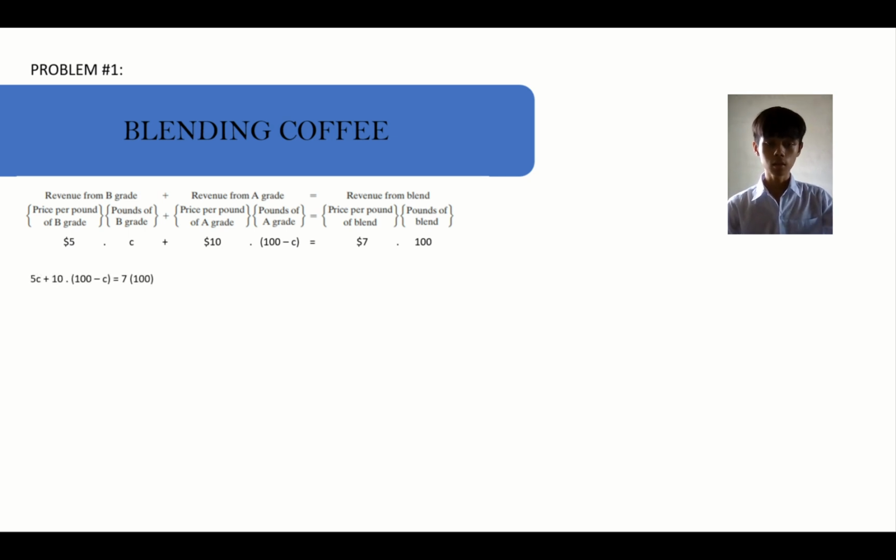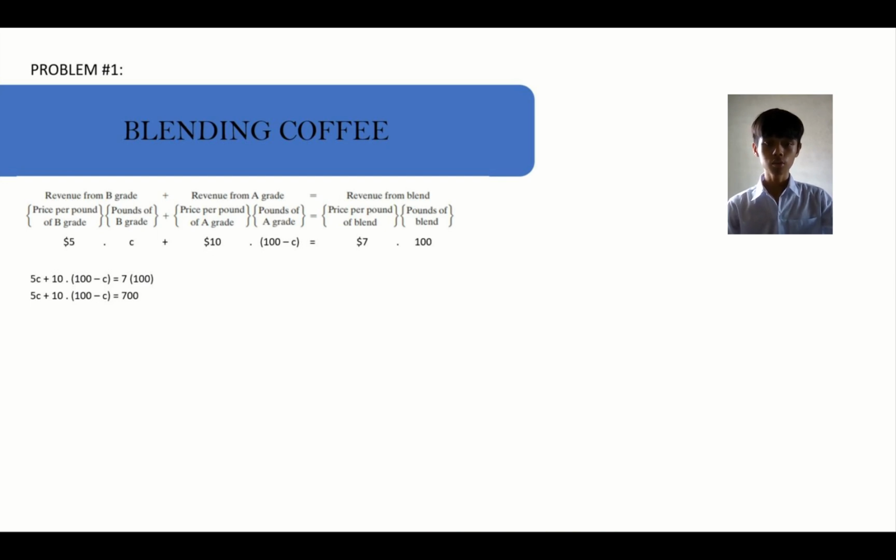5C plus 10 open parenthesis 100 minus C close parenthesis equals 7 multiplied by 100. Multiply 7 and 100. So 5C plus 10 open parenthesis 100 minus C close parenthesis equals 700.